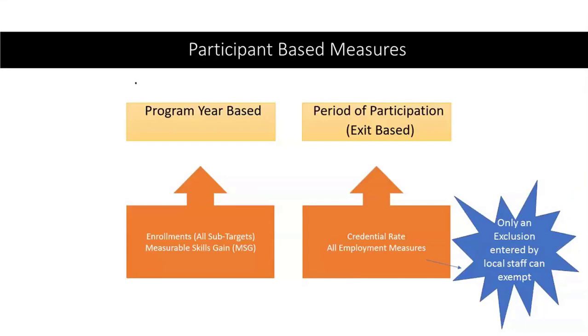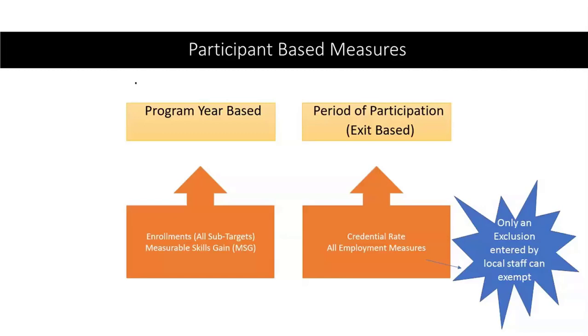Those are all these enrollment targets, and they include services to employers, they include internationally trained professionals, all these different subcategories. Integrated education and training is also a big category for us. This is also going to be where your measurable skills gains come in. So that is a program-based performance measure, which means that is a measure that has to happen between July 1st and June 30th every single program year.